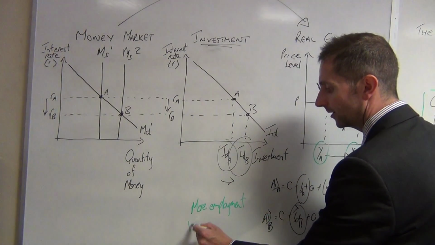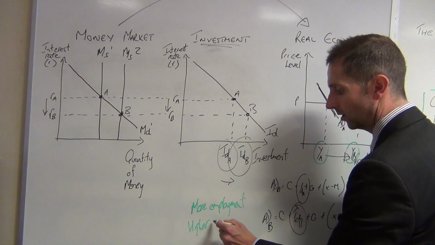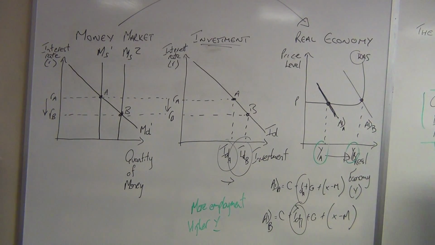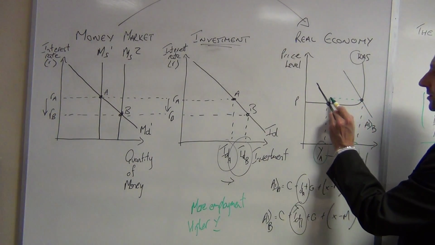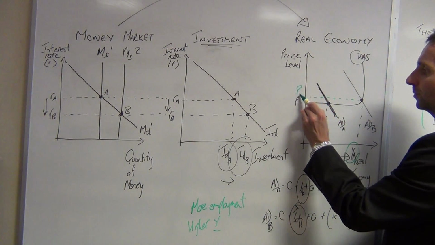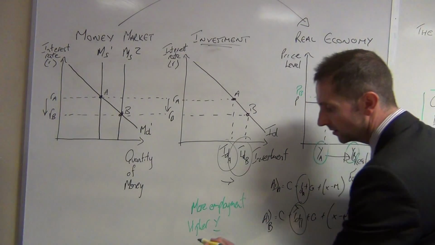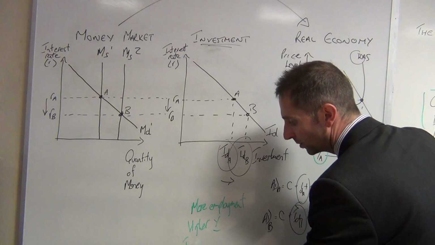We've got a higher level of Y, we've got a higher level of real output. And of course you can see here as well, price PB has risen. So we have had an increase in the price level.